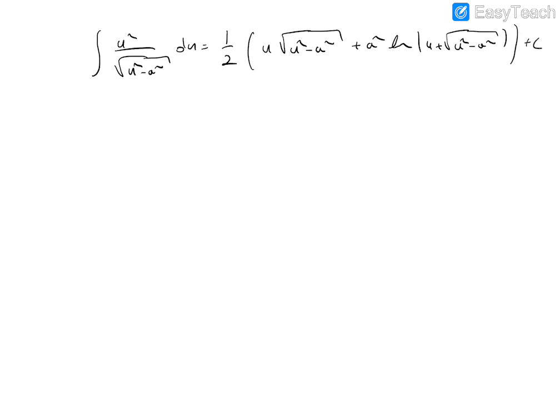Okay? So this is the formula from the table in your textbook. I don't know the number of this formula, formula 44, okay? So according to this formula, let's try to calculate this integral.